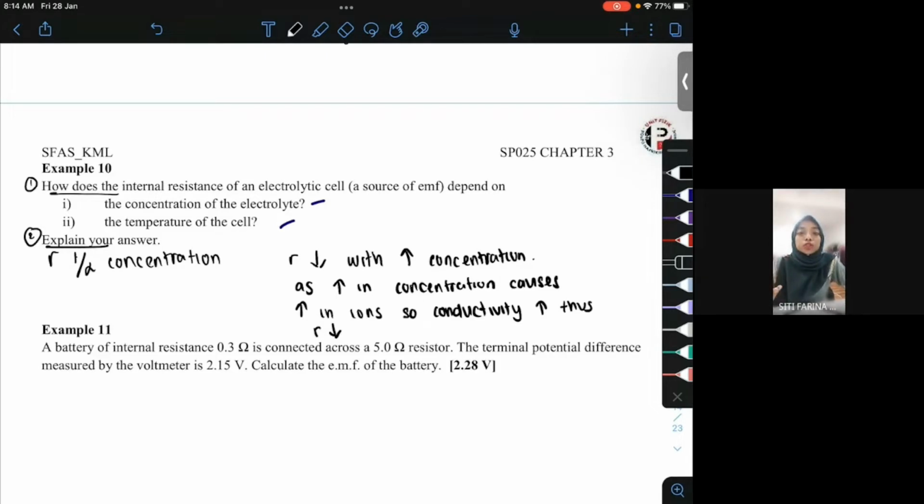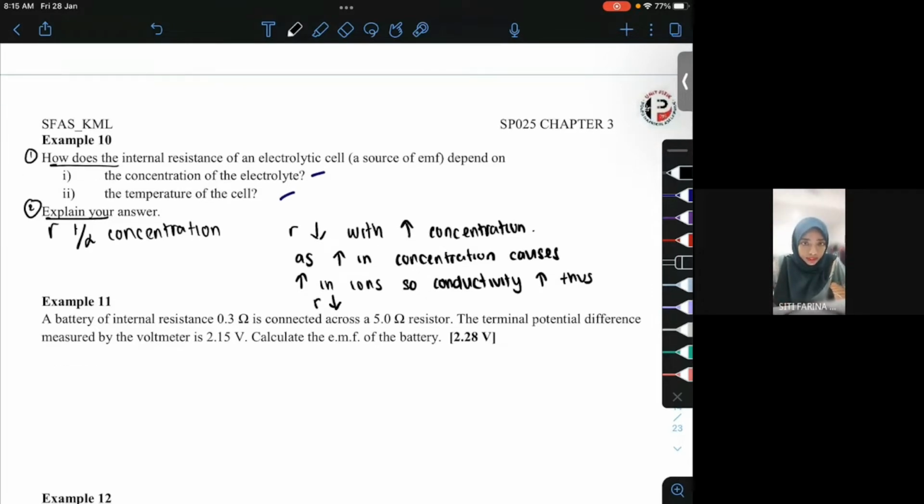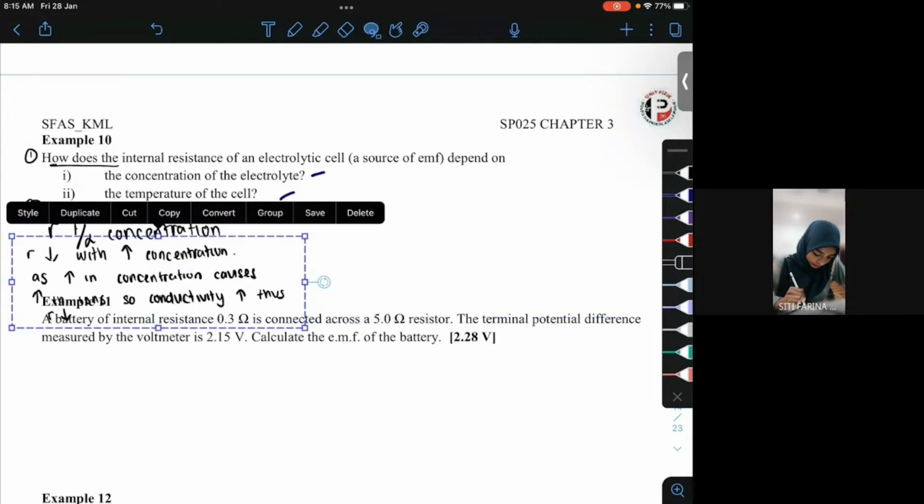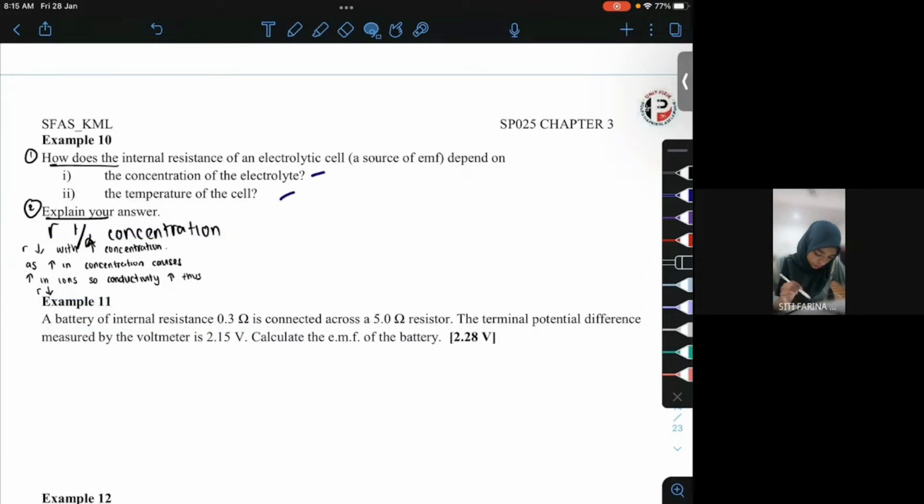Because it is going to oppose something which is a good conductor. Alright. Ini untuk yang pertama. Nanti saya akan bagi work solution untuk soalan ni, nak tunjuk the full sentence.